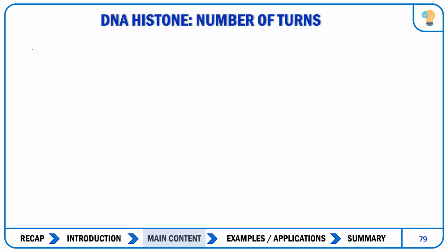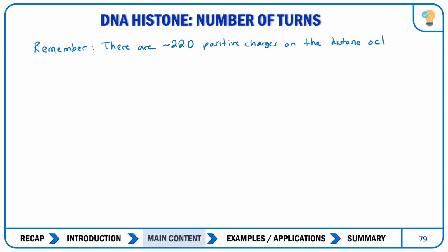Remember, there are approximately 220 positive charges on the histone, or histone octamer.